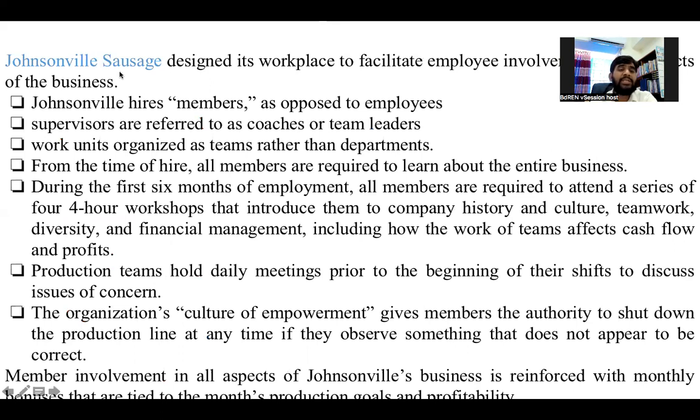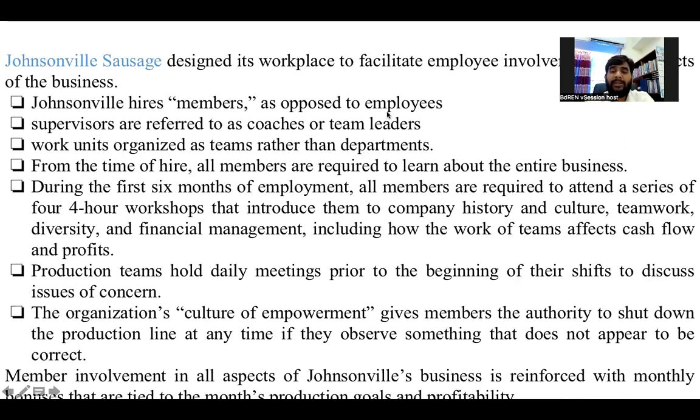One example is given here. Johnsonville Sausage designs its workplace to facilitate employee involvement in its entire business. And they have redesigned the system. The redesign includes, number one, it hires members as opposed to employees.